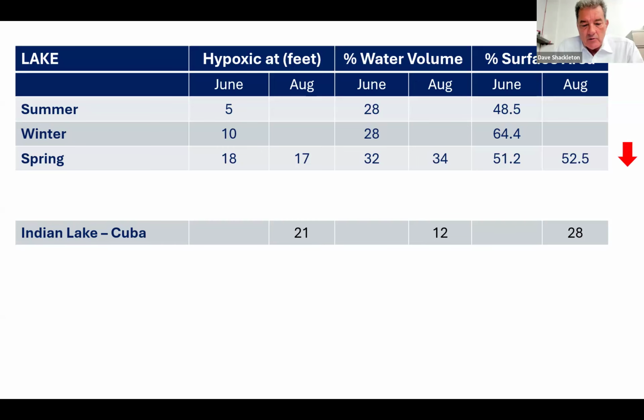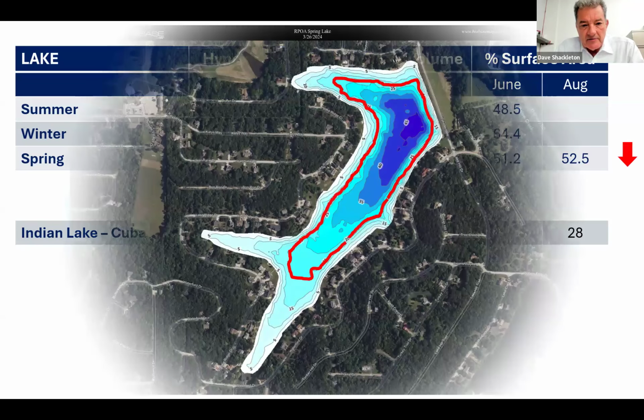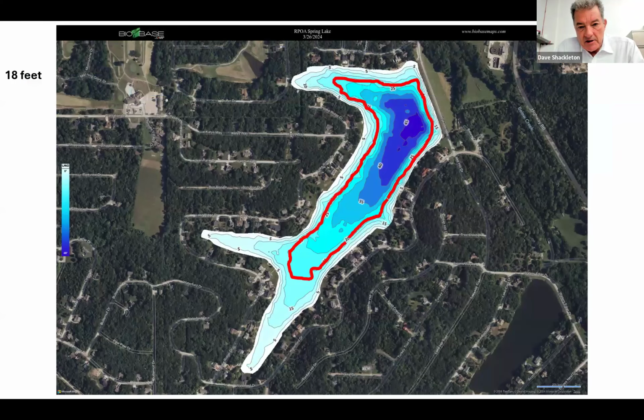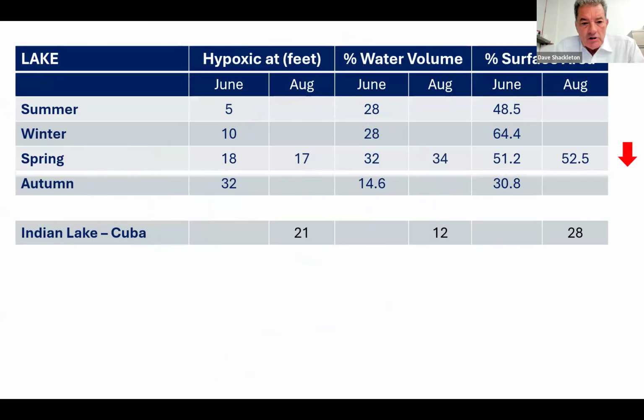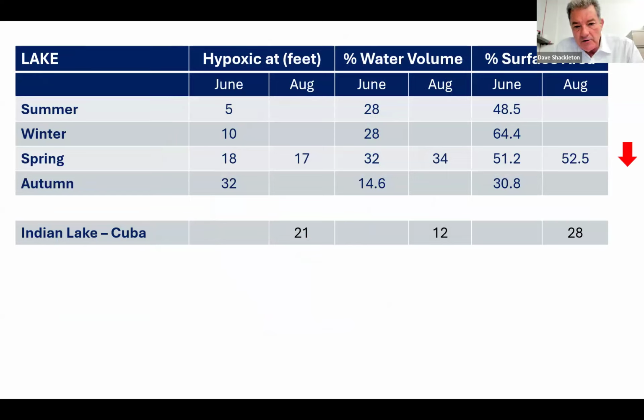So that's one parameter, but it is a slight negative. And that is the 18-foot contour at Spring Lake. Autumn Lake in June became hypoxic at 32 feet, which meant 14% of the water volume and 30% of the surface area is hypoxic.